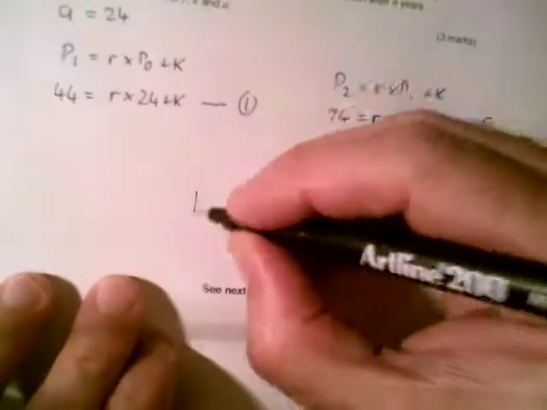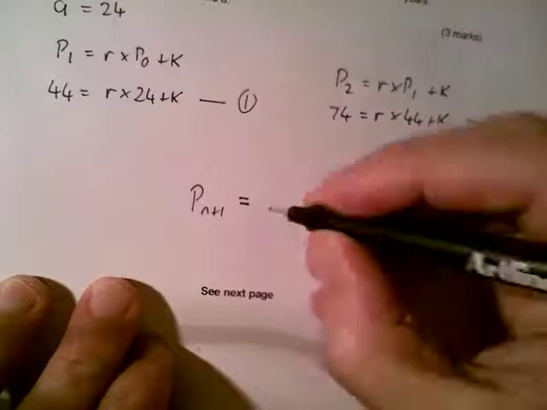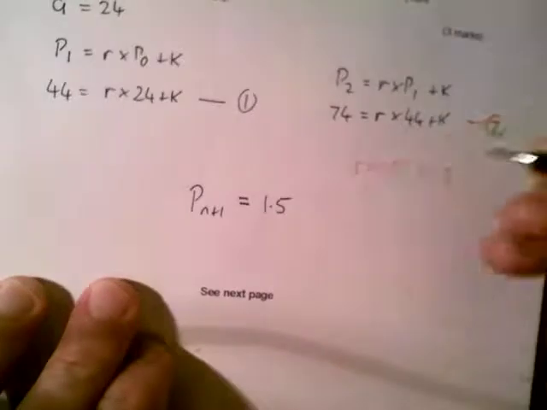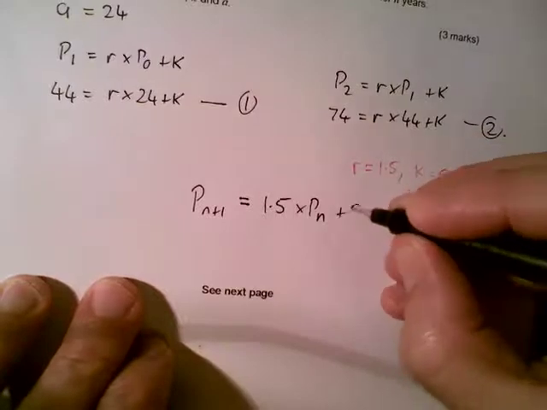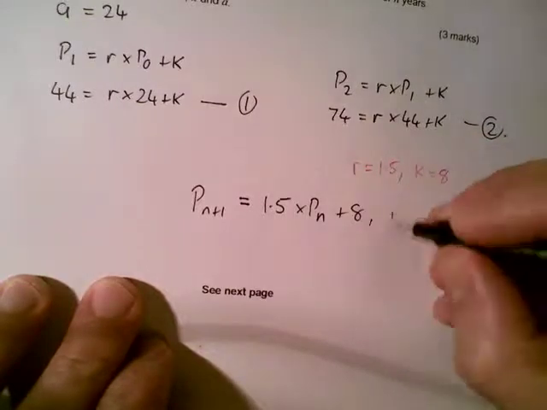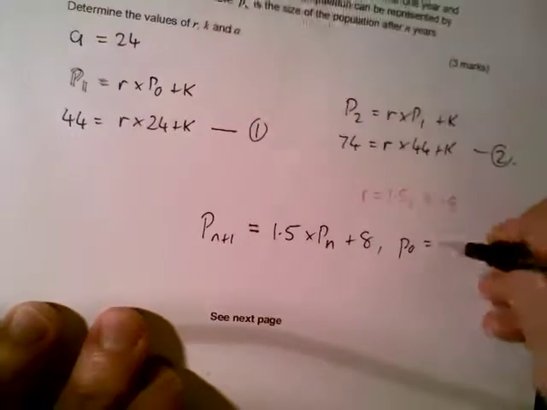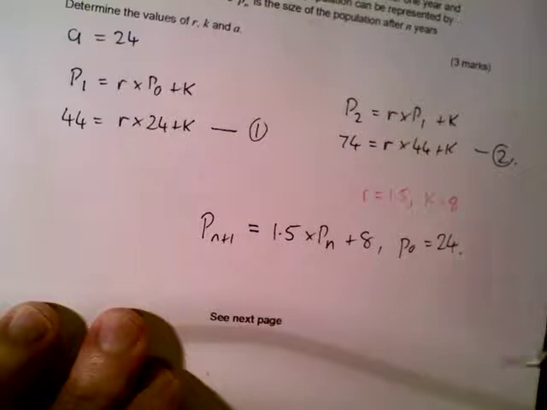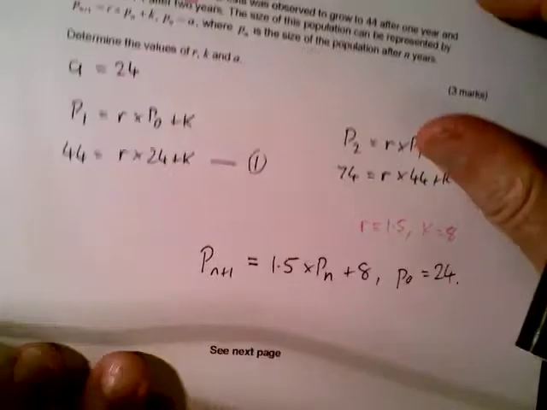So we can say that the first order linear recurrence would actually be Pn plus 1 is equal to R value 1.5 times Pn, and then plus that K value of 8, with of course P0 being equal to 24 there. Now we can check this on these values. We could check it, for example, for P1.